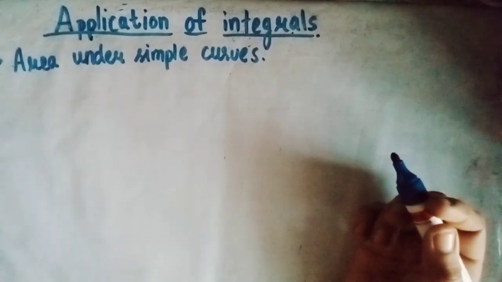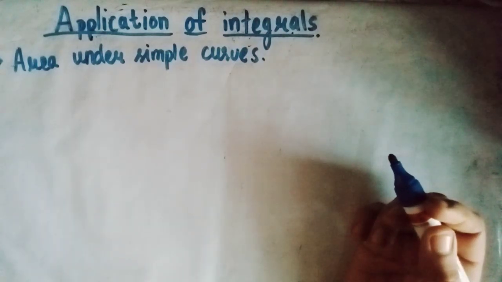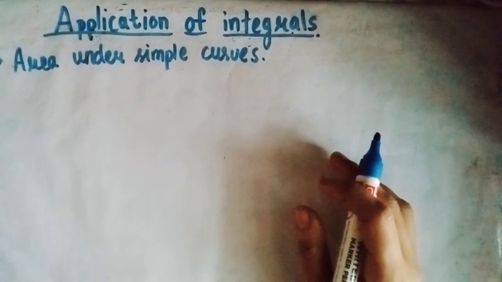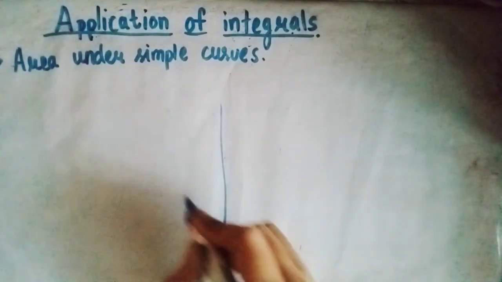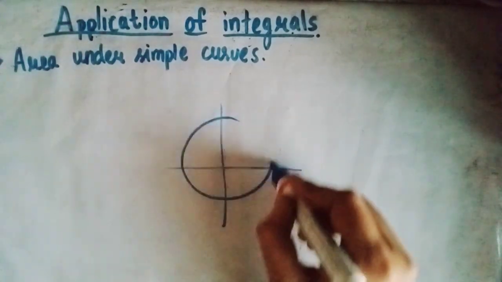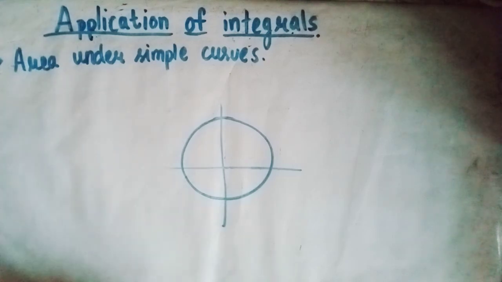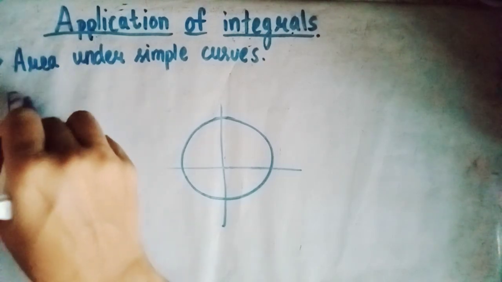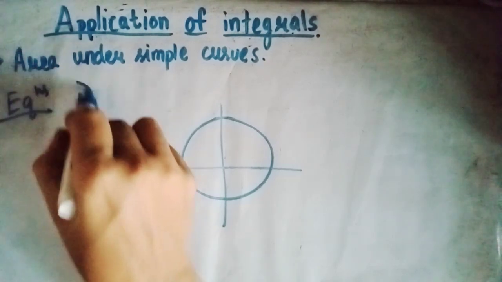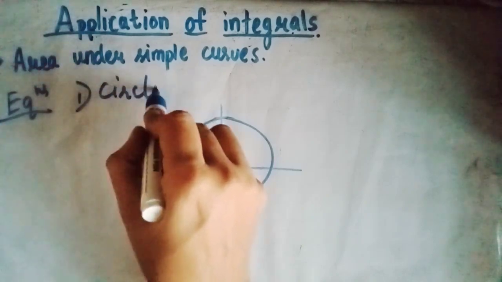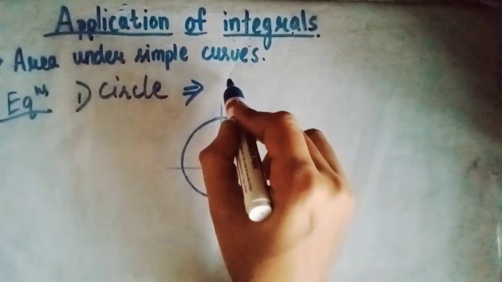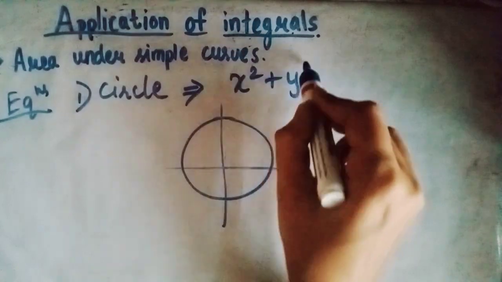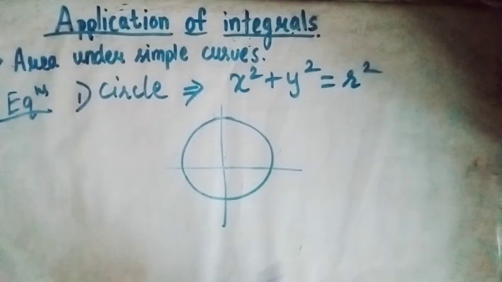Here we calculate three types. First is to calculate the area of the circle. So the equation of the circle is x square plus y square equal to r square.